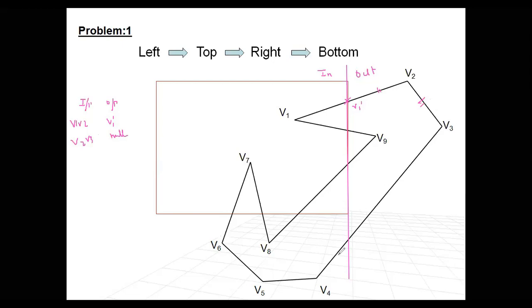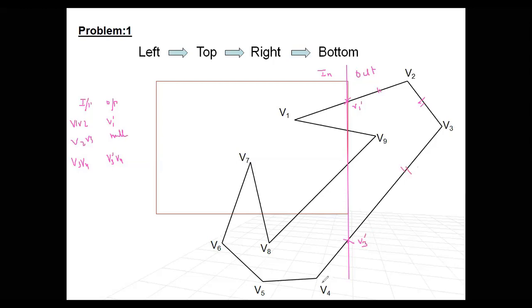V3 to V4, so this intersection point will be required. This is out, this is in. V3 to V4, outside to inside. So what will be saved? That will be V3 dash and V4.